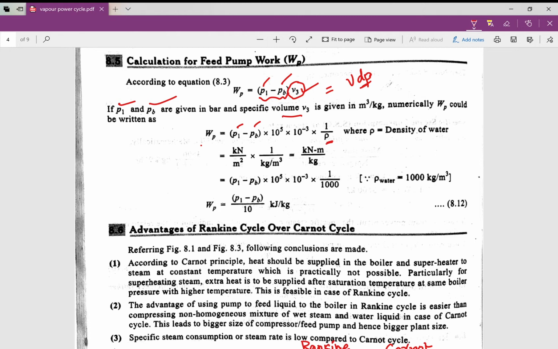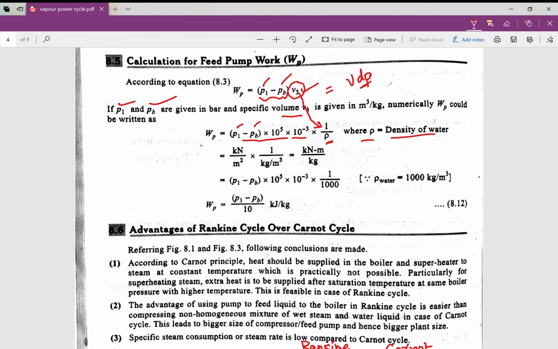So students, if P1 and PB are given in unit bar, convert P1 and PB into Newton per meter square, multiplied by 10 to the power minus 3 to convert to kilo Newton per meter square, right? And this specific volume is the reciprocal of density, where rho is the density of water.